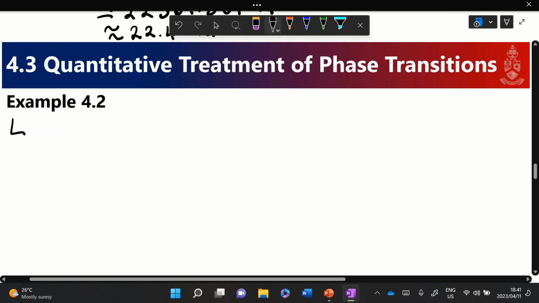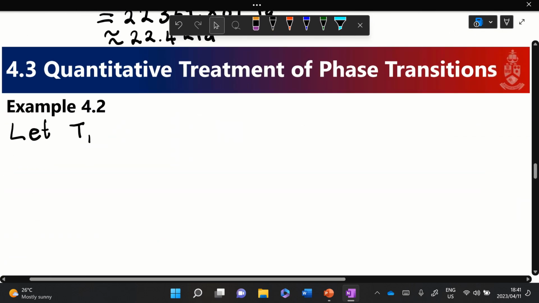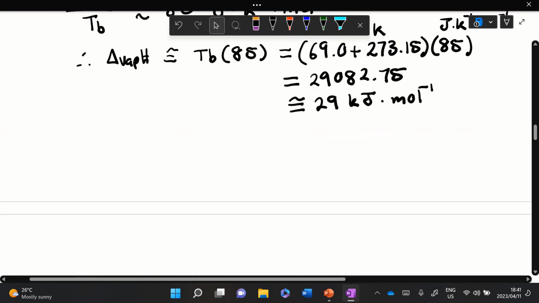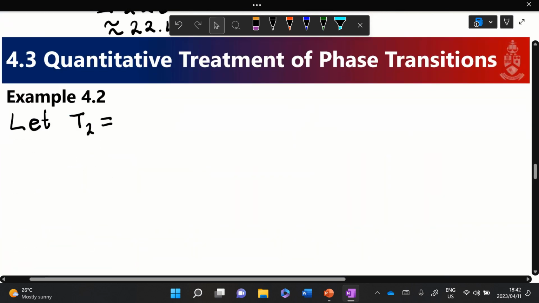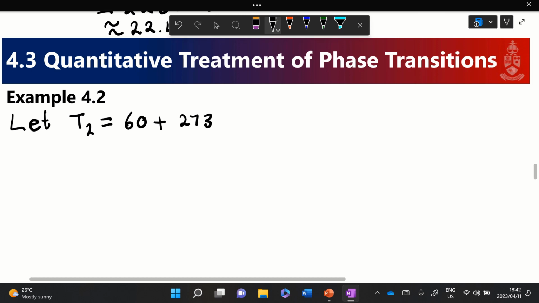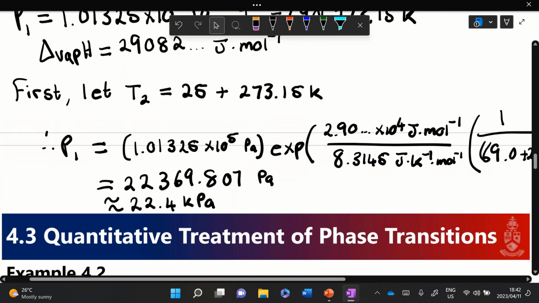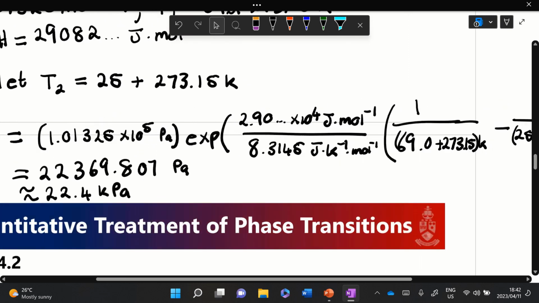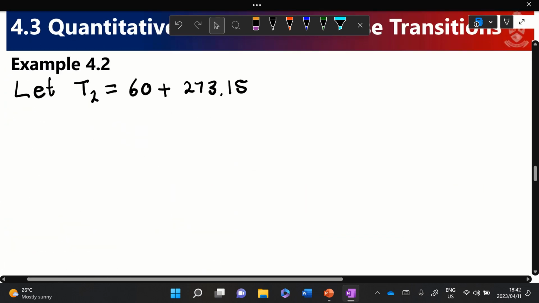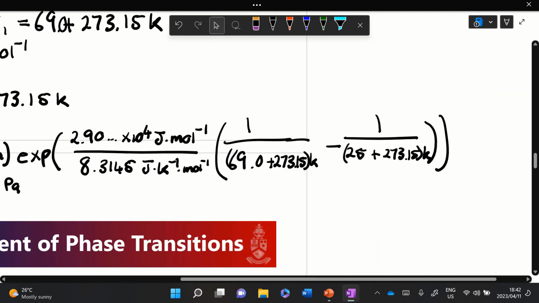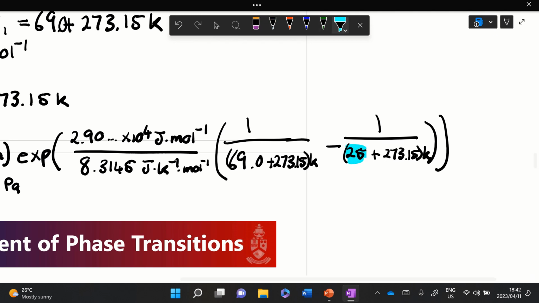And then if we let T2 equal to, it's 60, right? 60 degrees Celsius, so 60 plus 273.15. Okay, so let's agree to not rewrite that entire thing. So we just basically exchange that 25 here for 60, right?